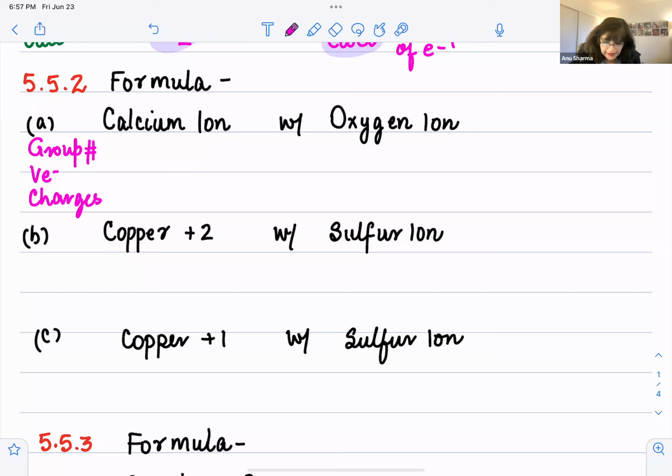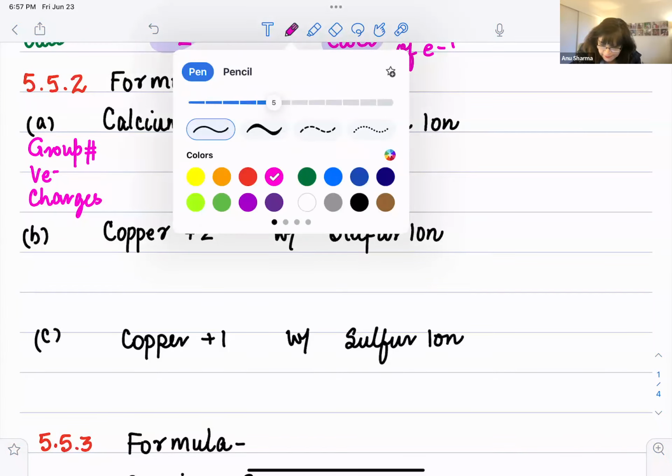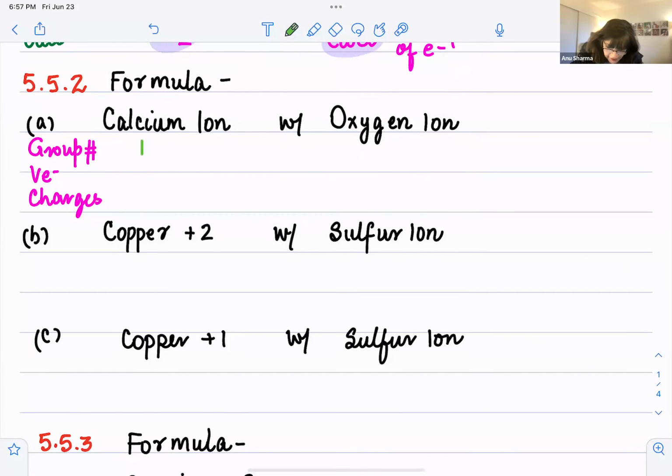Here, calcium is in group 2A. The number of valence electrons is 2. So because it's a metal, the charge is positive 2. Calcium will have a +2 charge.